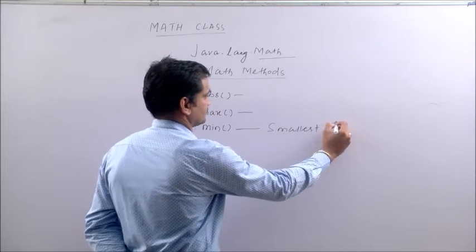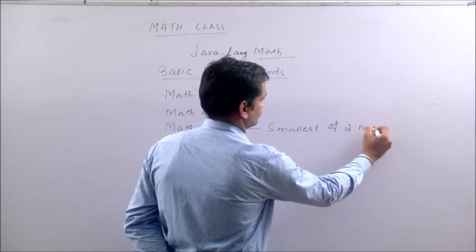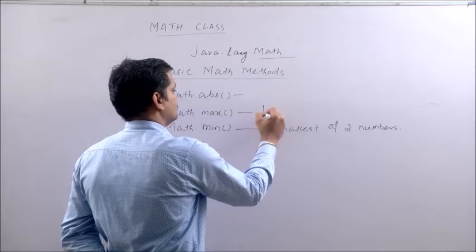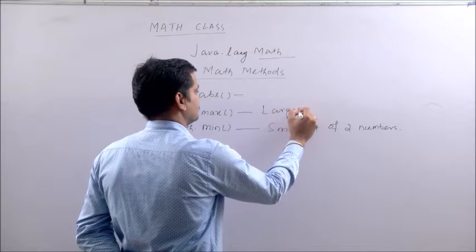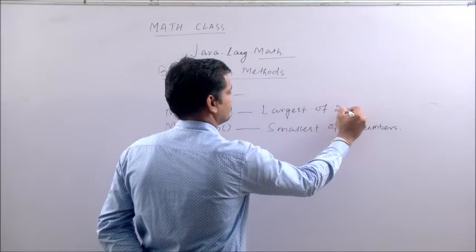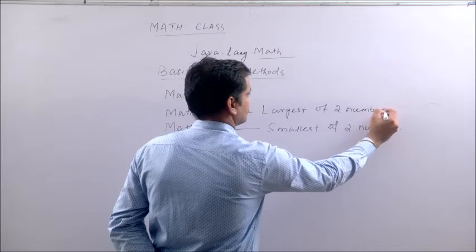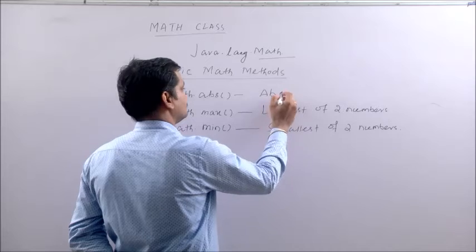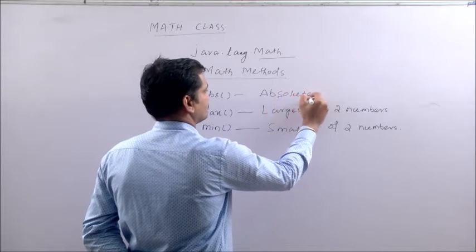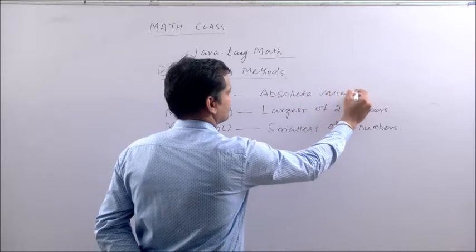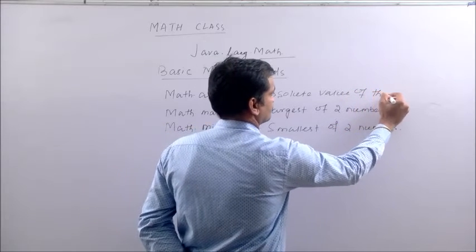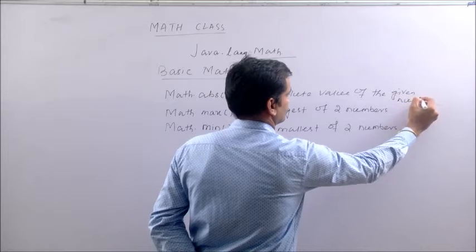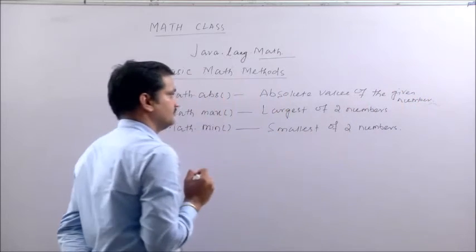Max gives the largest of two numbers. And abs will give you the absolute value of the given number.